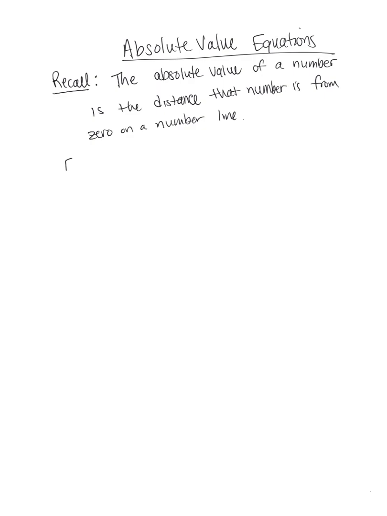So for example, the absolute value of 5 equals 5, because if you were to start at 0 and go to 1, 2, 3, 4, 5, and count the units from 0 to 5, it's 5 units.